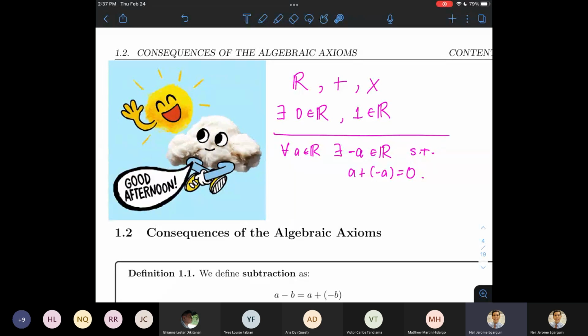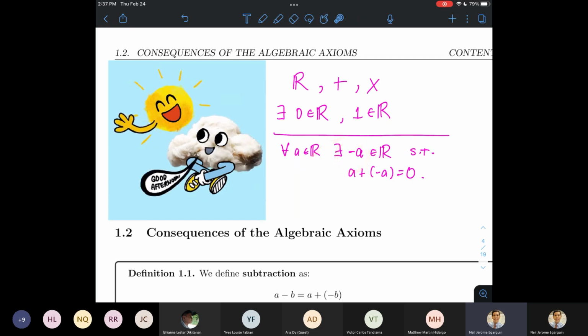Though it's a bit of a mouthful kung sasabihin ko siya paulit-ulit, kaya minsan negative A yung basa ko sa kanya. Because remember, we don't know what the real numbers are. So we don't even know kung ano yung positive at saka negative real number. Hindi pa natin sila na-define. So for now, if you see a negative A like this, we won't think of it as the negative numbers kasi kinalimutan nga natin yon.